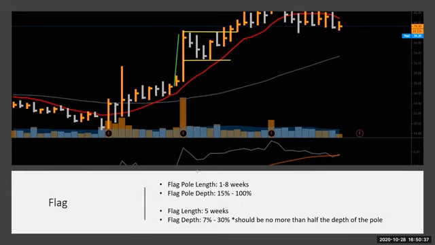So the flag itself should be roughly 5 weeks, and the depth should be in the neighborhood of 7% to 30%. And the reason why I say 7% to 30% is because for a flag, it should also be constrained to no more than half the size of the pole.